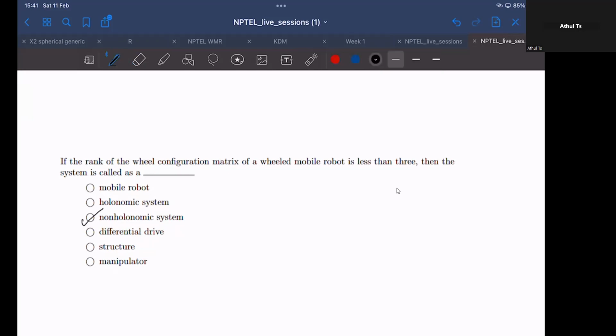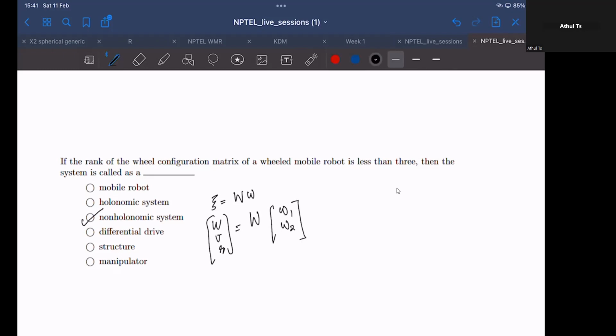So if the number of controllable inputs are basically the wheel configuration matrix. So wheel configuration matrix is something that maps the system parameters U, V, R. We use the wheel configuration matrix to map the system parameters to the number of controllable inputs.